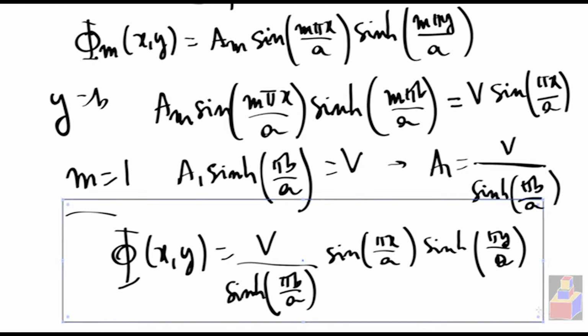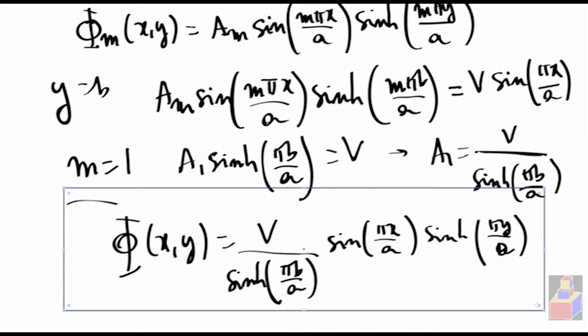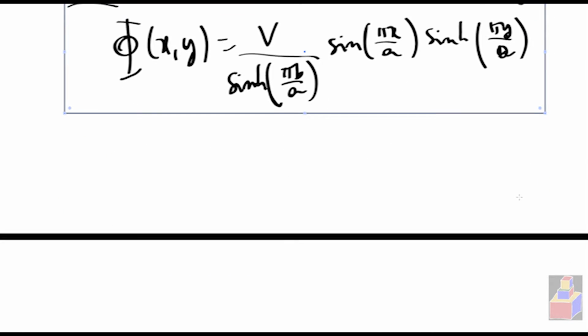That's the final solution that satisfies all boundary conditions. This function has a behavior, and we can use MathCAD to plot this function as a function of two variables, as we did before, where the z-axis is going to be this function space.